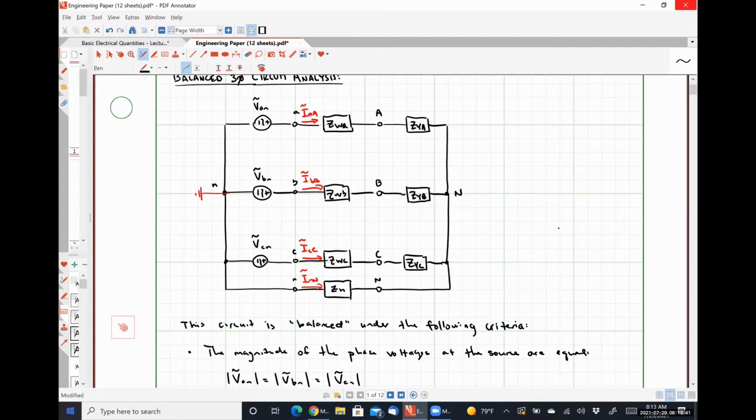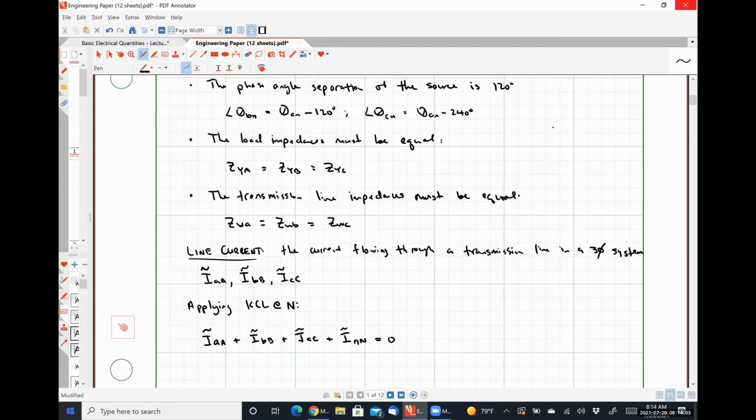So that current IAA could then be expressed as VAN minus V capital N divided by the impedance that that current sees, which is ZWA in series with ZYA. And I can do that for my others as well.